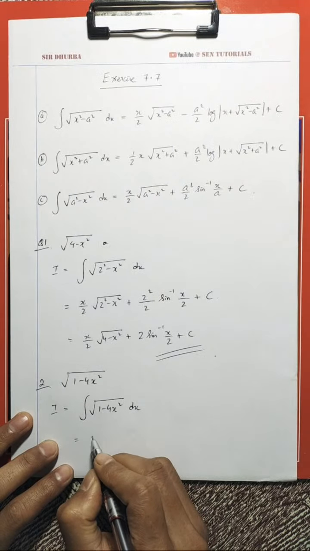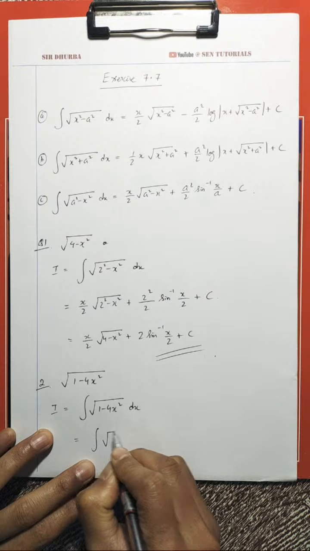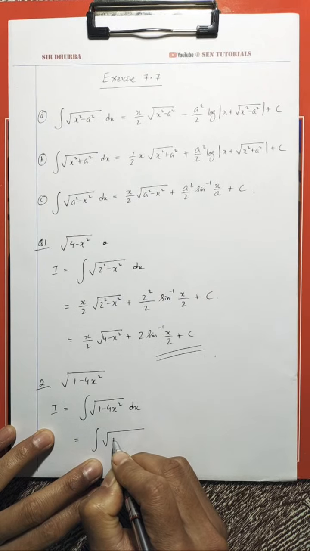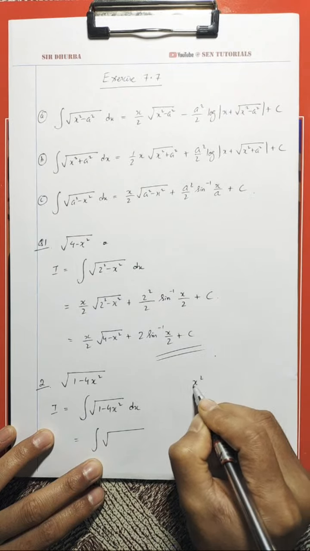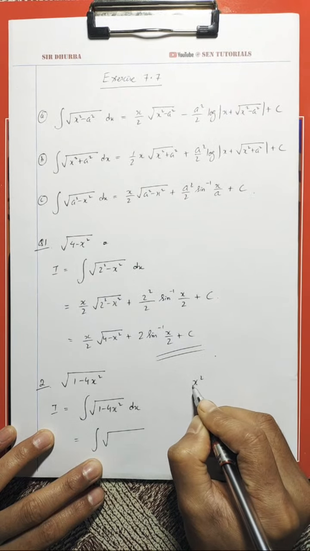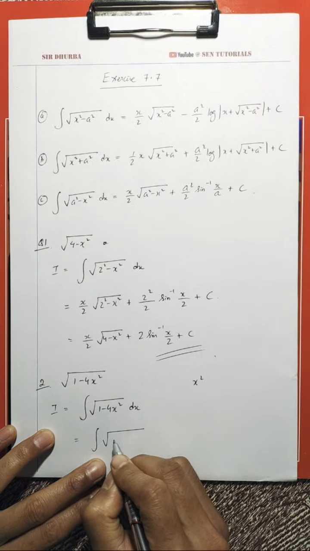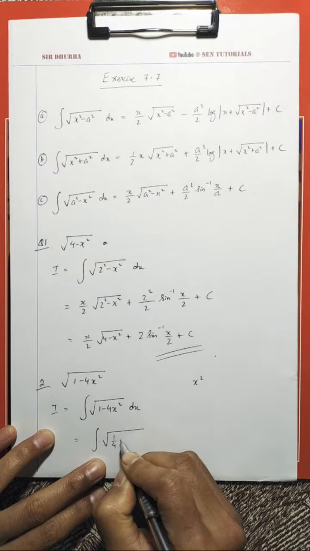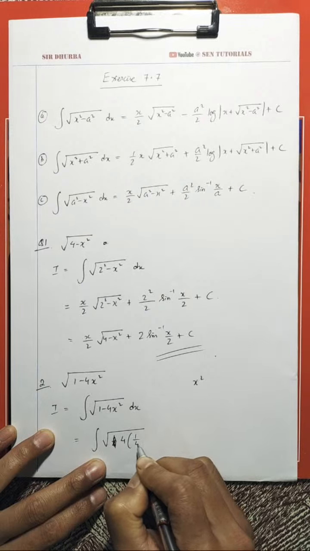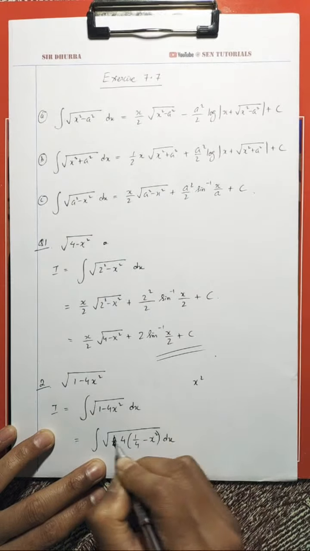It is always better for you to divide by the coefficient of x square. I would prefer to have only x square, I would not wish to have any coefficient with x square. So what I'll do is I'll take 4 common, so that's going to be 1 by 4 minus x square with respect to x.